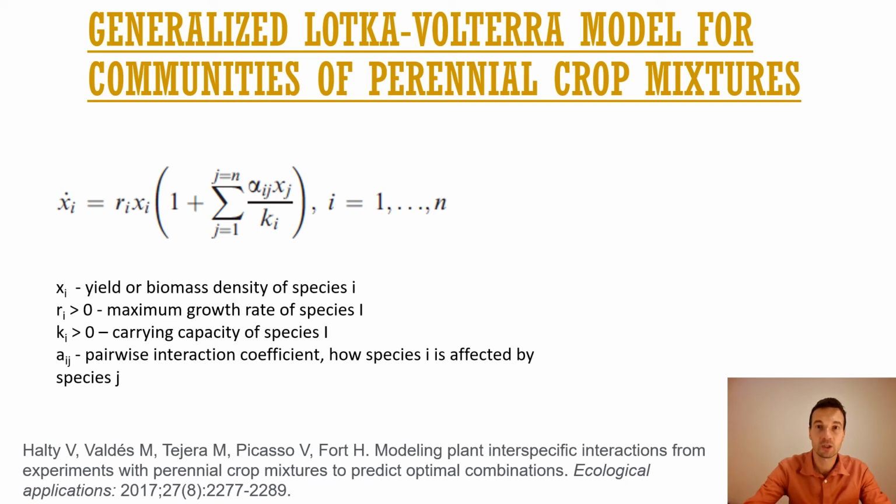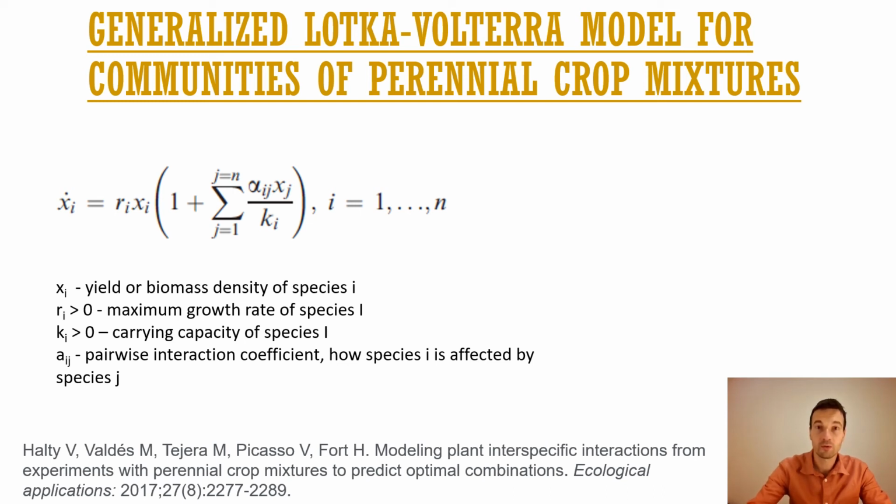Overyielding is the situation when polyculture yields more than the highest yielding component species in monoculture. Parameters are extracted from the field experiments involving monocultures and bicultures, combinations of two cultures. The biomass was collected and measured at the end of the growing season, when the equilibrium state has been reached.